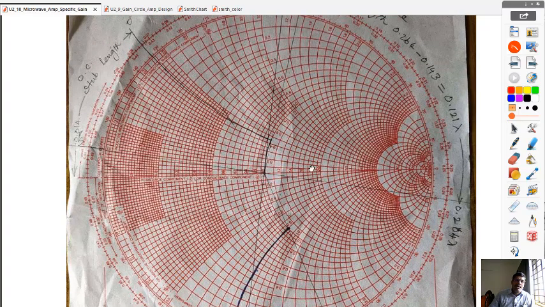Now you mark the gamma S value. This is the gamma S value. This is the line which is passing from 170 degree through the middle of the chart and extended in the opposite direction. Now you just follow the middle of the chart, that is the 50 ohm, on the unit circle.